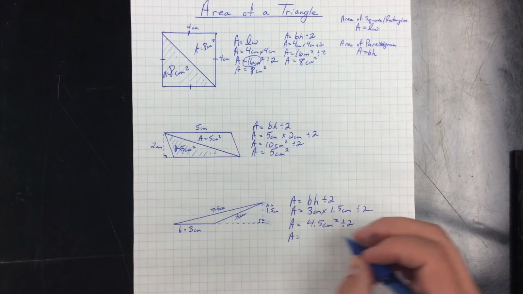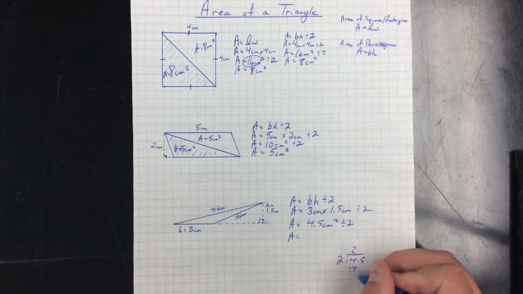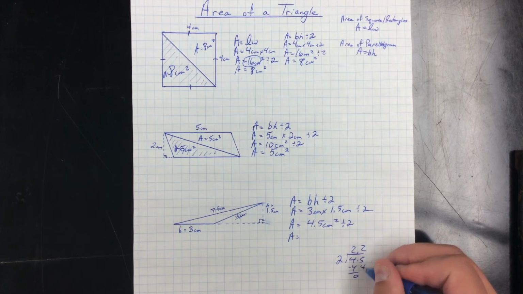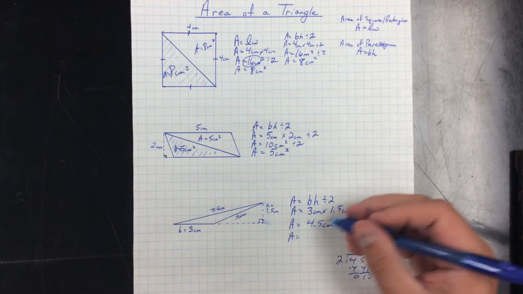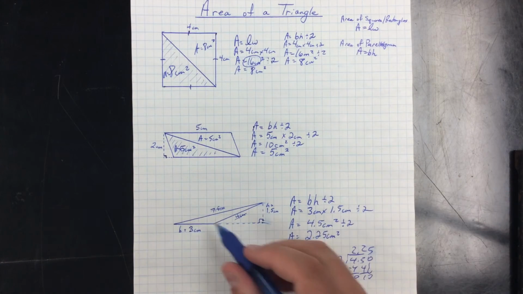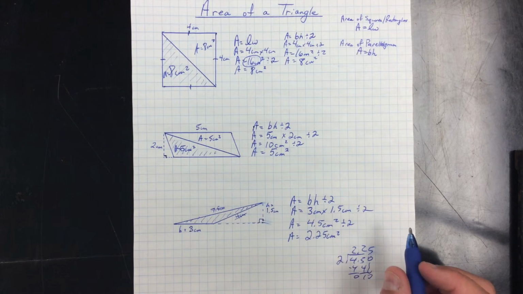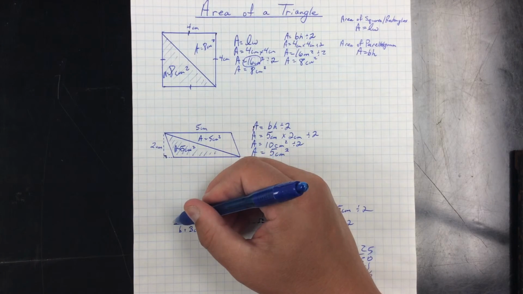So 2 goes into 4.5, 2.25 centimeters squared. So the area of my triangle is 2.25 centimeters squared.